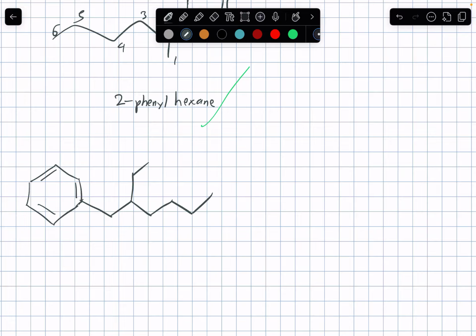Okay, let's try to name this. 1, 2, 3, 4, 5, 6, 7. This is a heptane. This entire thing is a benzyl attached to the third carbon of the parent chain. 3-benzylheptane.